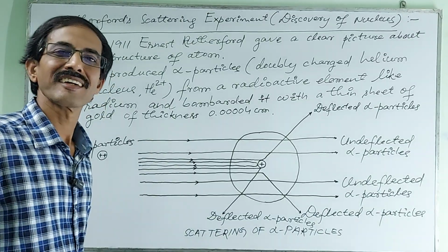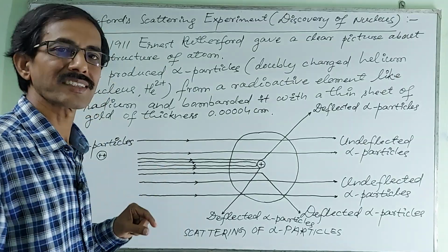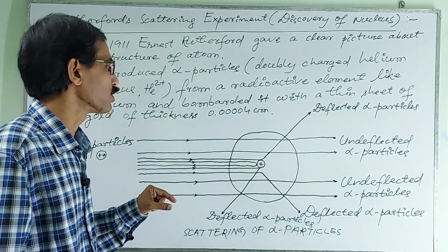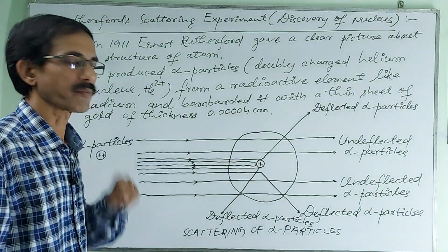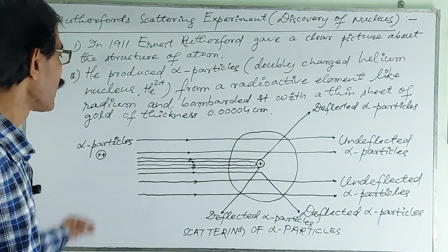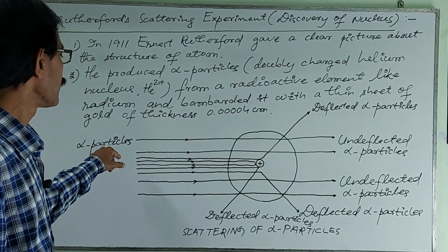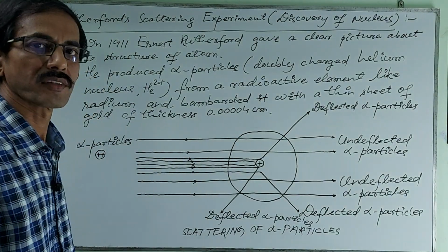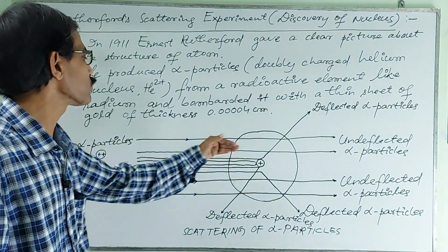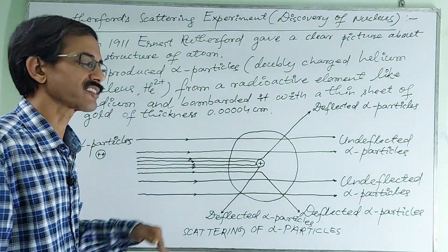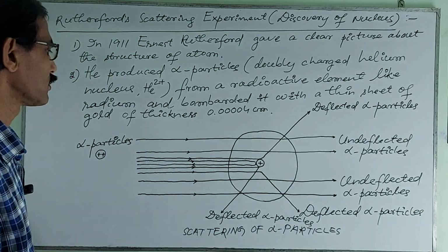That indicates that there is a very tiny positive charge at the center of the atom, which causes deflection to the alpha particles. And 1 out of 20,000 alpha particles retrace backwards after passing through the gold foil. What do you mean by retracing? Retracing means go back over the same path.